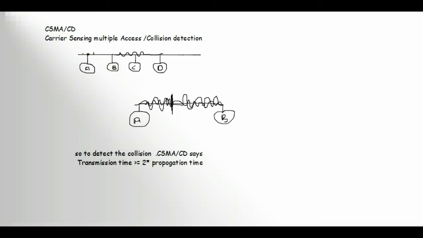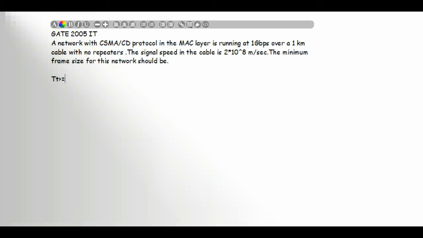Now let's solve the question. Let's say that transmission time is equal to TT and propagation time is equal to TP. So transmission time is greater than or equal to 2 into propagation time. Let's see what is given in the question first. Here bandwidth is equal to B, which is equal to 1 Gbps, which is nothing but 1 into 10 to the power 9 bits per second.